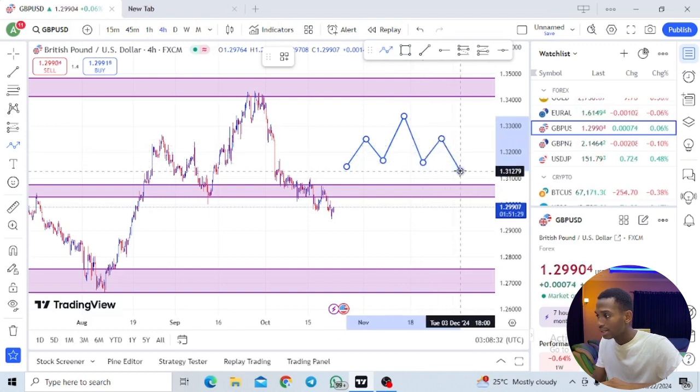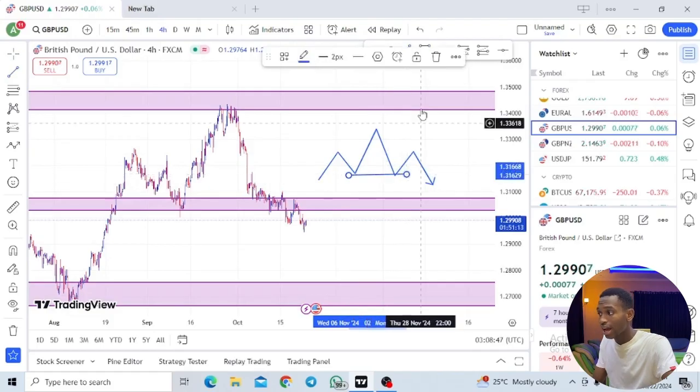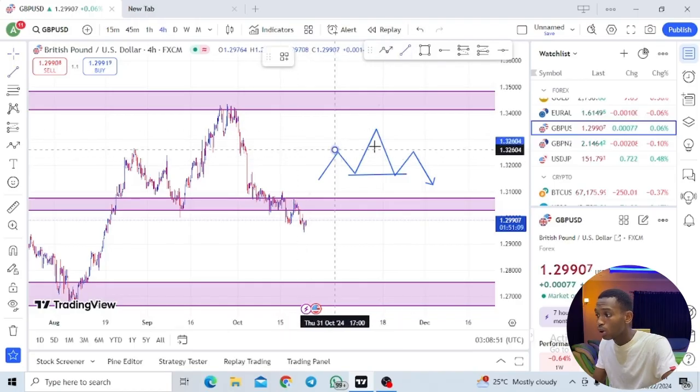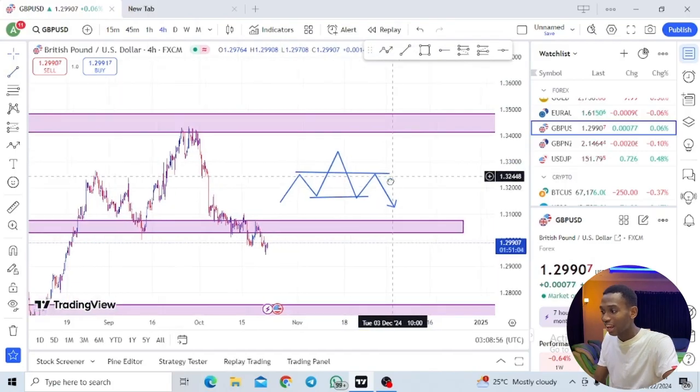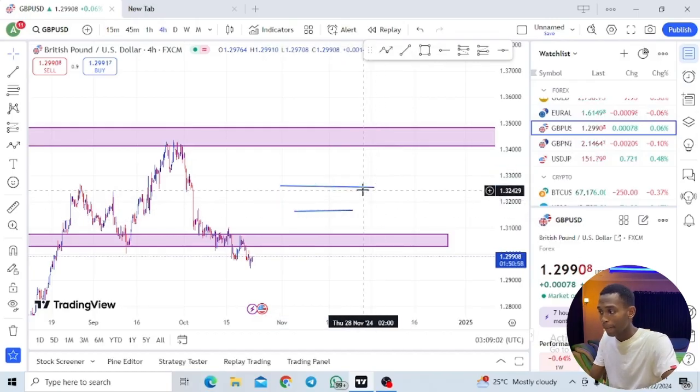And then you can see this is the neckline 1 of the head and shoulder, and this then is the neckline 2 of the head and shoulder. So that's how the head and shoulder pattern happens.